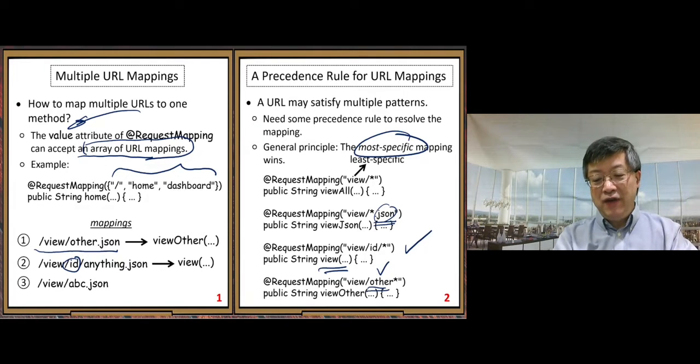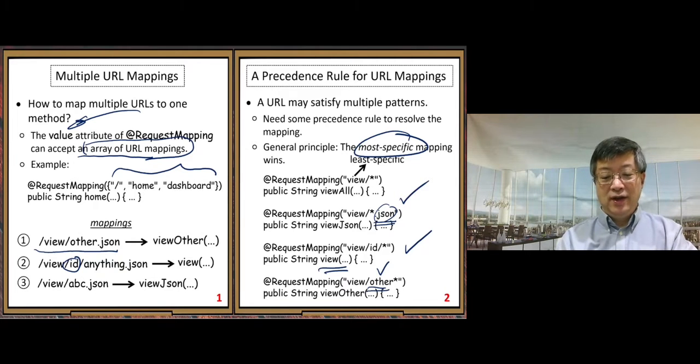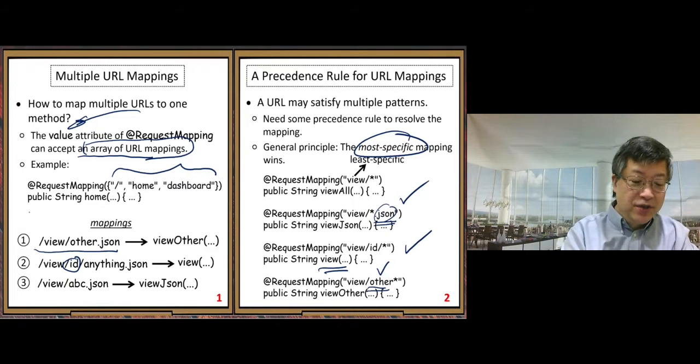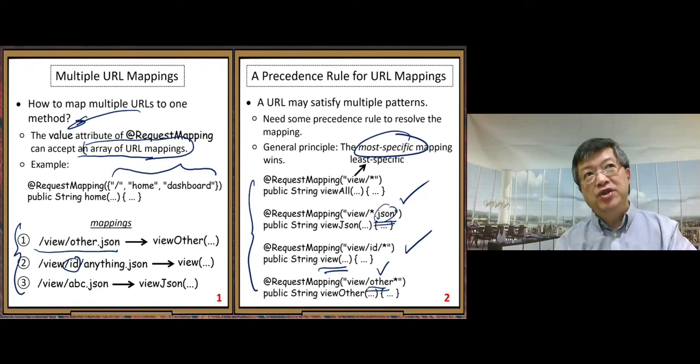So you can see definitely this one should be called, right? abc.json. So you can see after you understand this rule, it's pretty straightforward. You need to get used to it. Just use these examples and you pretty much understand the whole idea.